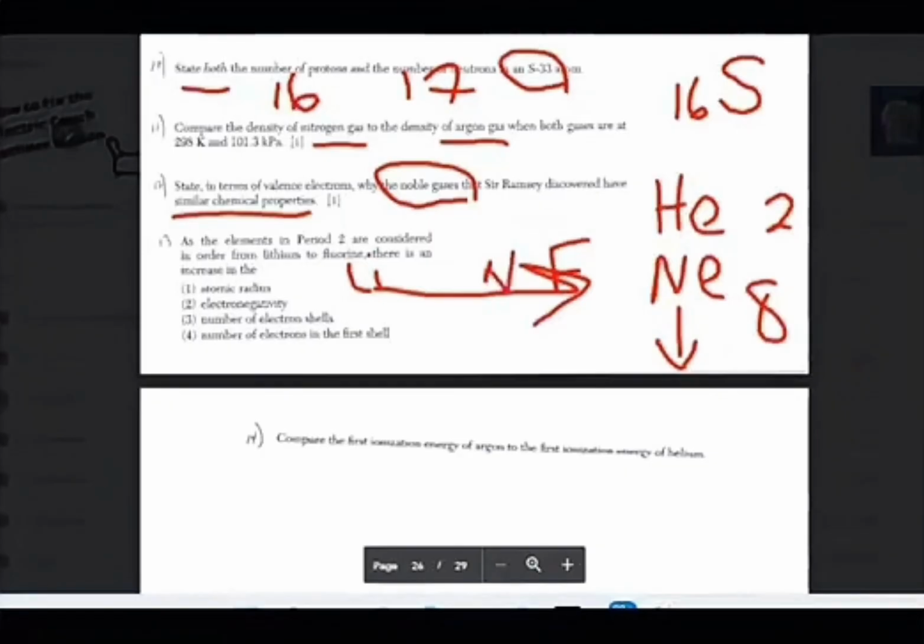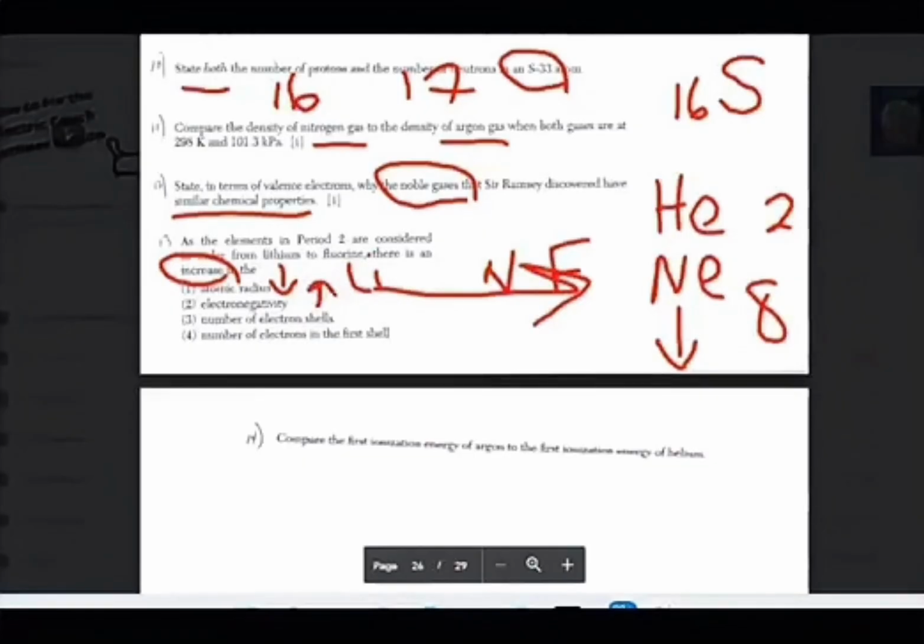Pick them out on the periodic table. And then we're looking for an increase. What's increasing? And you're going to find the atomic radius for those 3 elements on reference table S. What you're going to find is as you go across, the atomic radius goes down. Now, for electronegativity, however, as you go across, electronegativity increases.